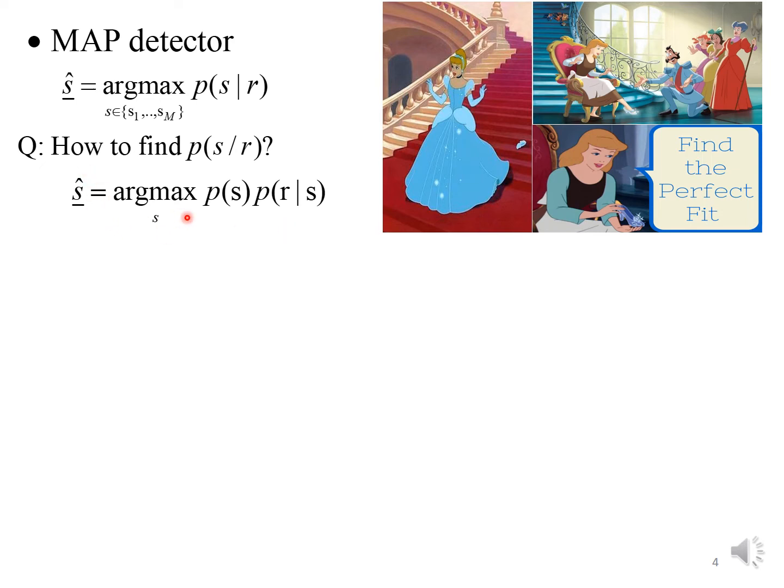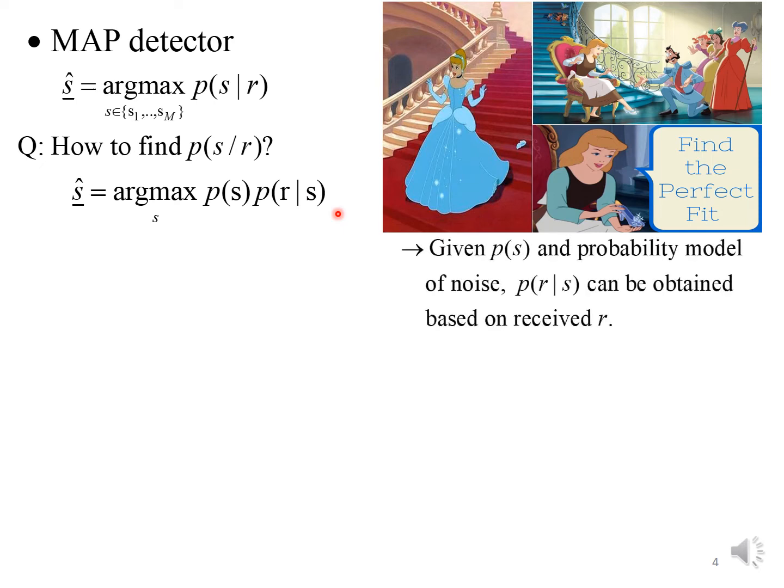The estimate of S is equivalent to P(S) times the conditional probability of R given S. Given the source probability and the probability model of the noise, this conditional probability can be obtained based on the received signal value R.